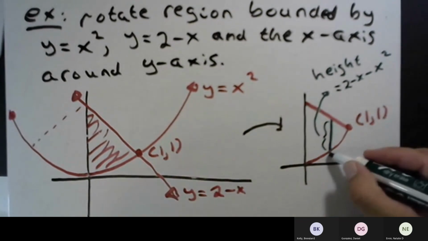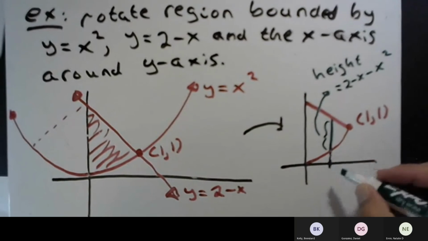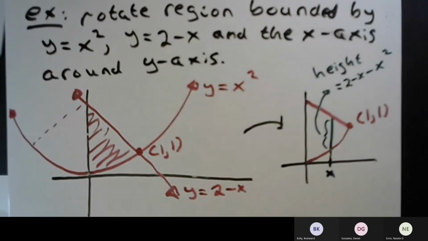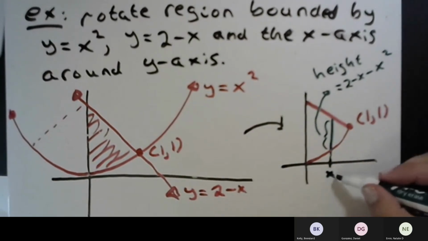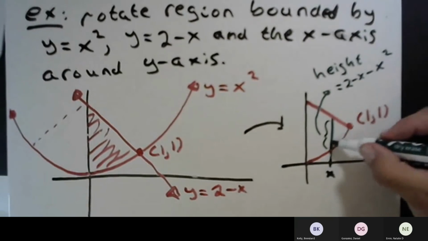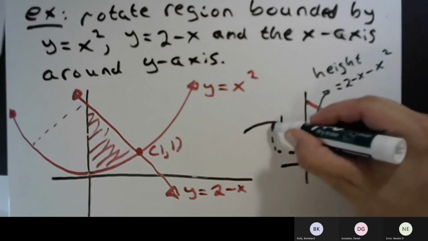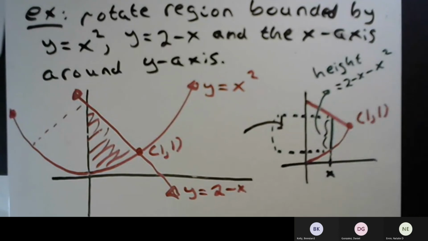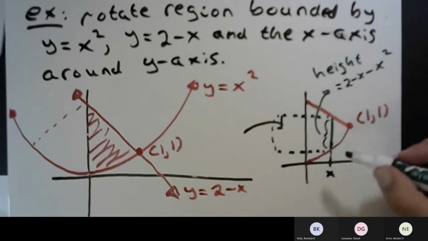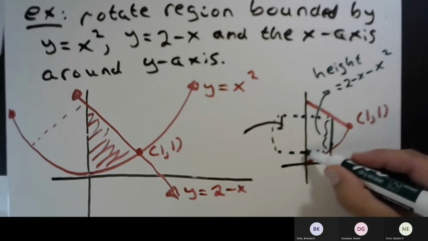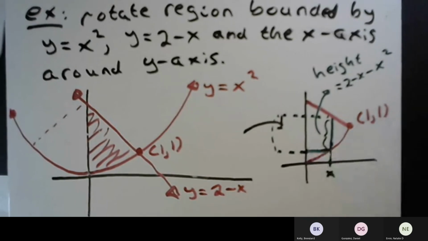Now let's take a look at x. So given a location x on the x-axis, this is the height of the cylinder. The cylinder is going to be something kind of like this. So this is the height here to here. That's the radius.